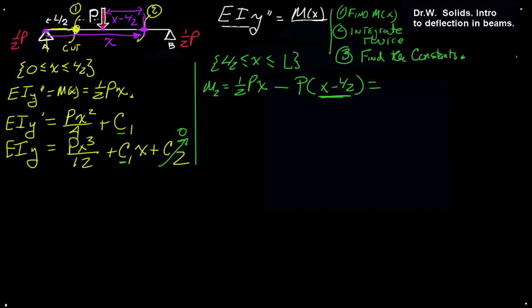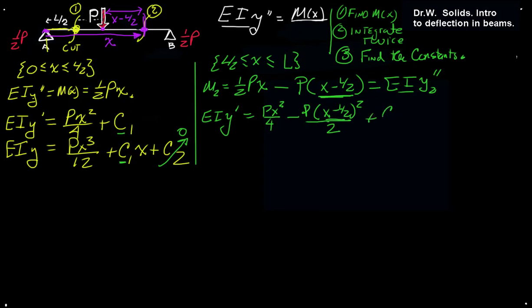And we know then, according to our relationship up here, that that is EI y2 double prime. So integrating it, we'll get EI y prime equals Px squared on 4, same as the earlier term, minus P, and we can treat this as one larger variable. So we have x minus L on 2 squared over 2 times the derivative of what's inside, which is just 1, plus C3, another constant of integration.